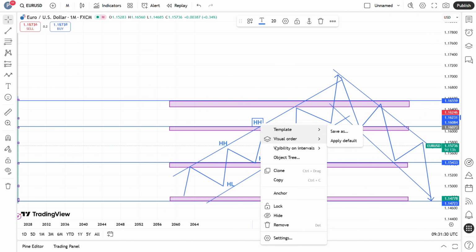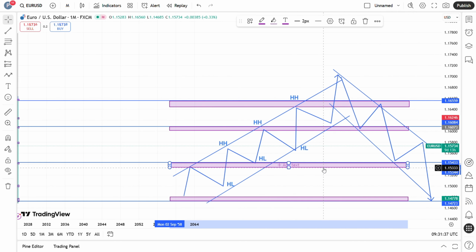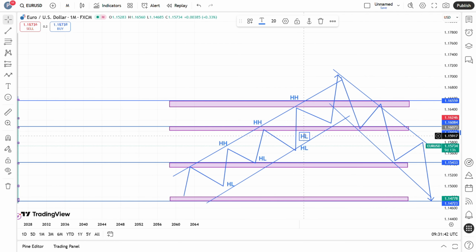Unless the market breaks out of a trend, then you can start changing the direction you are looking for on that specific trade. All right. So as you can see, the market will create higher highs, higher lows, higher highs, higher lows, especially if it's an uptrend.